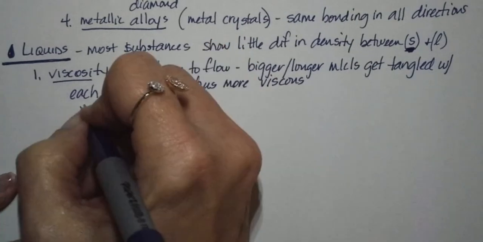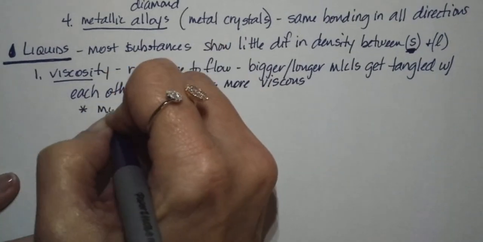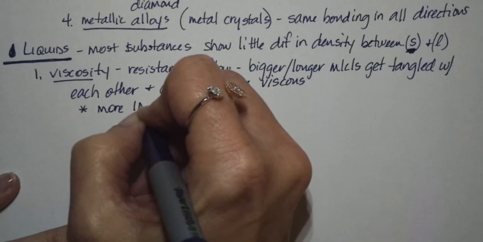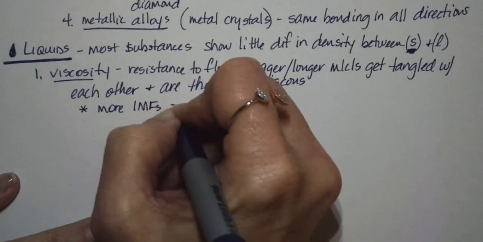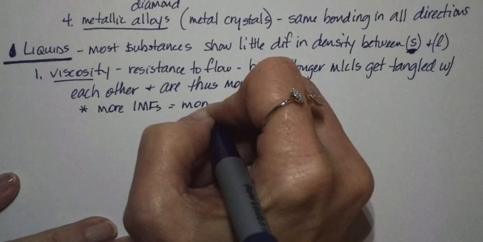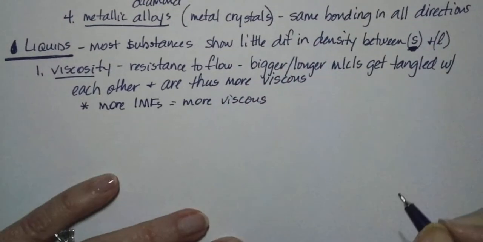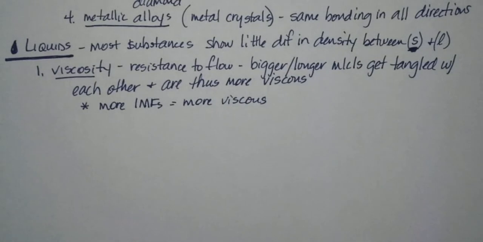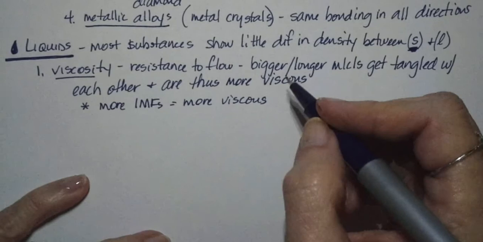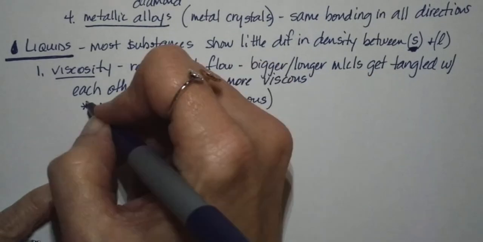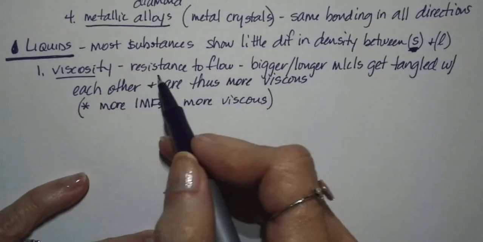Again, this one doesn't give us a good idea with water, because water has those hydrogen bonding. But in general, it's this that's the most important. So I'm going to put this last little piece in parentheses. What's most important for viscosity is how big those molecules are. They get all tangled up. Think of it like spaghetti noodles. Think of how tangled they are. When you have bigger, longer molecules, they get tangled up with each other and it makes them thicker. Think syrup. Syrup is viscous, yes?